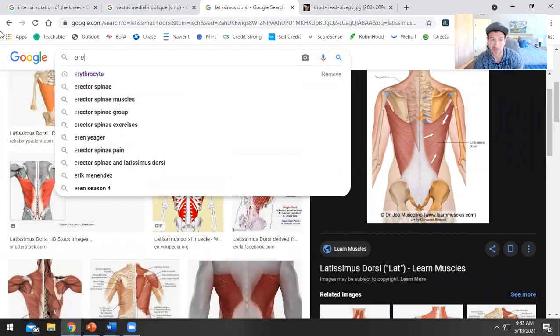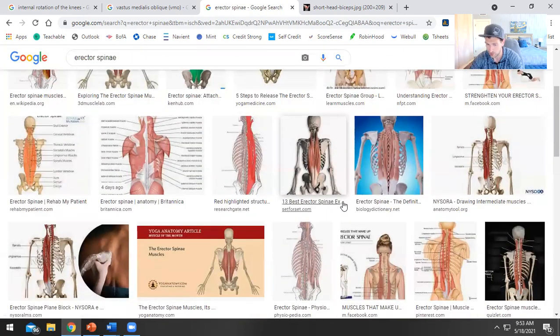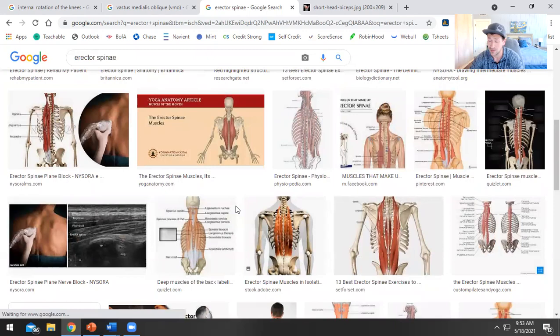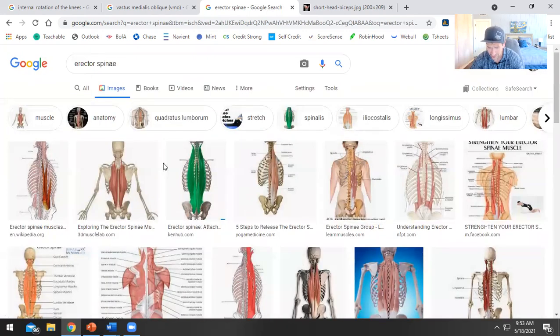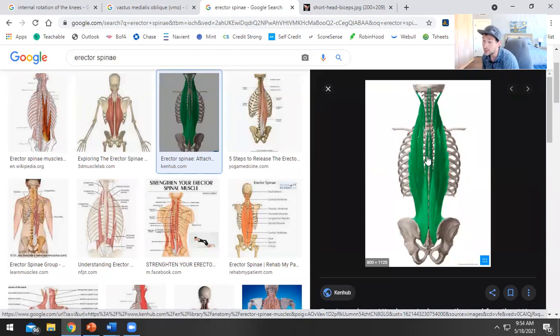Your erector spinae, which is literally in charge of spinal extension, wants to make you arch your back, which, by the way, we want this muscle to be strong. This is a great muscle here, right? But if it gets overdeveloped in this portion of the fibers here, it causes too much of that anterior rotation.